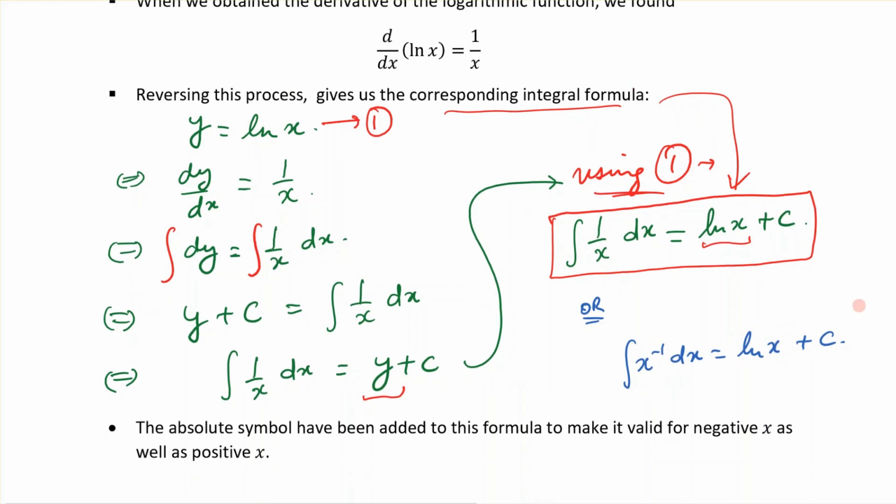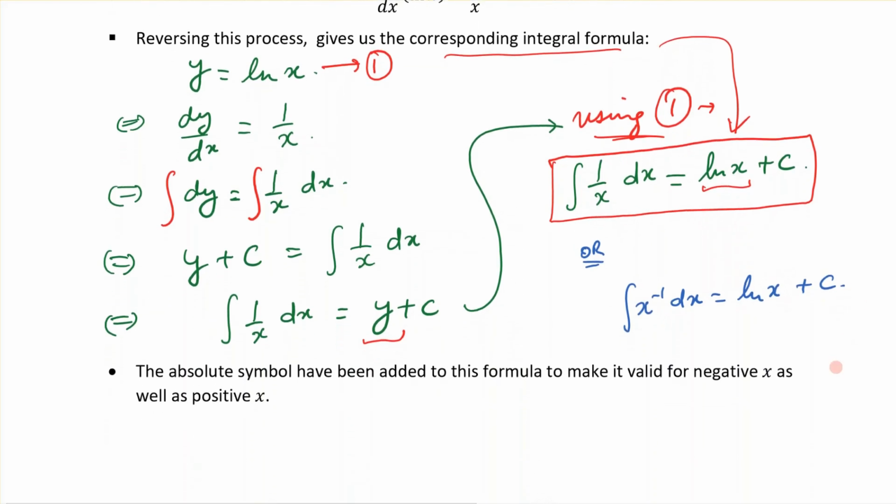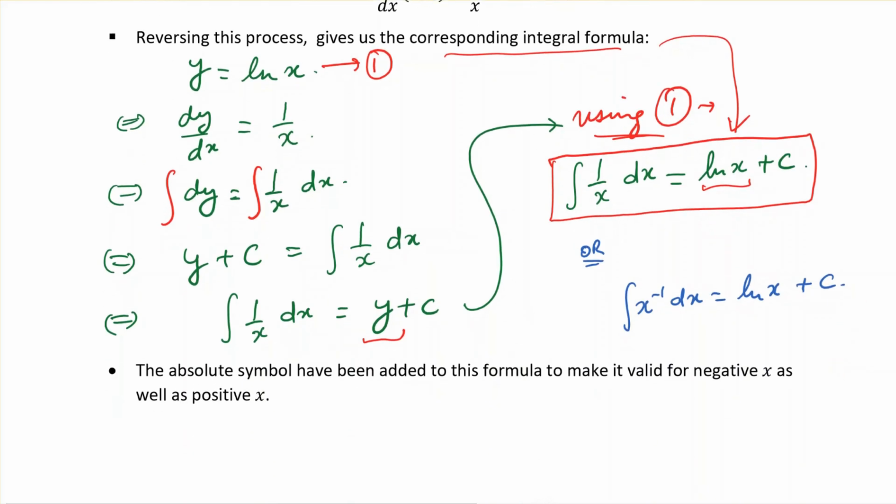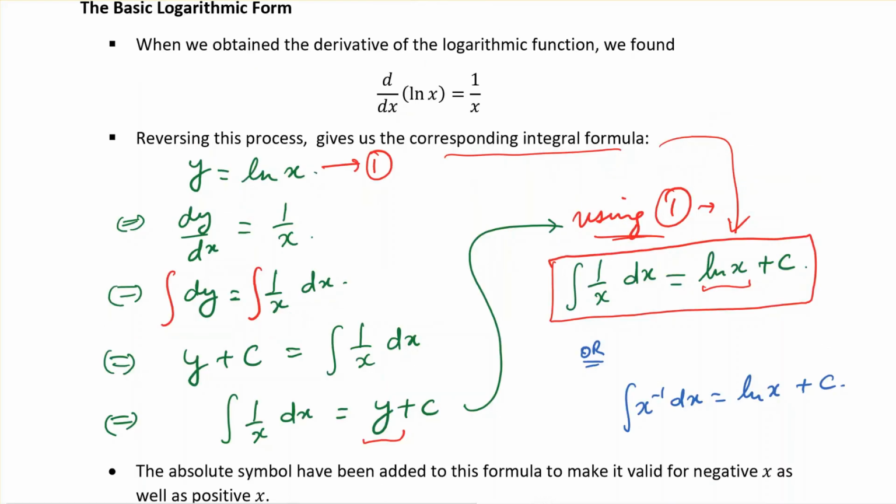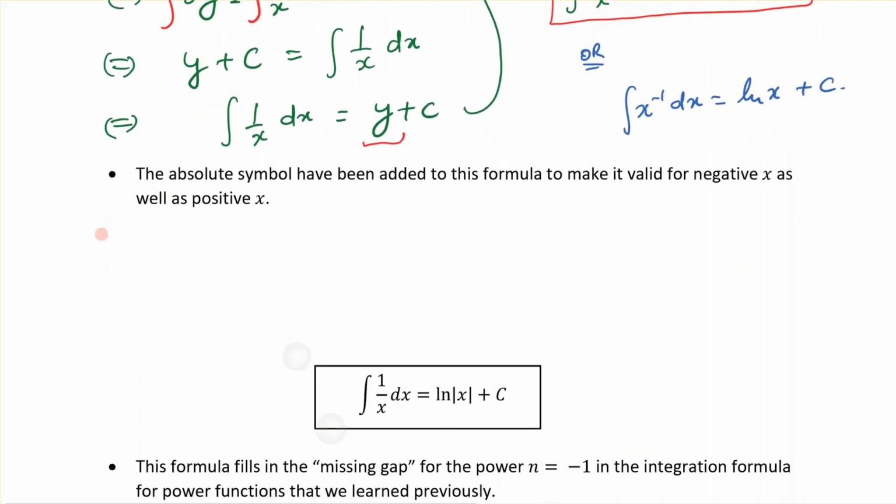Since logarithms are only defined for positive numbers, this is true for all positive numbers. But we also need to know what happens when x is not positive. So let's discuss the case when x is not positive, starting with when x is negative.